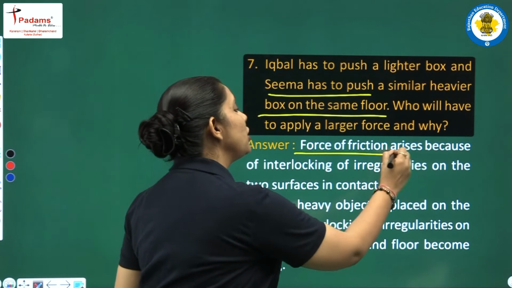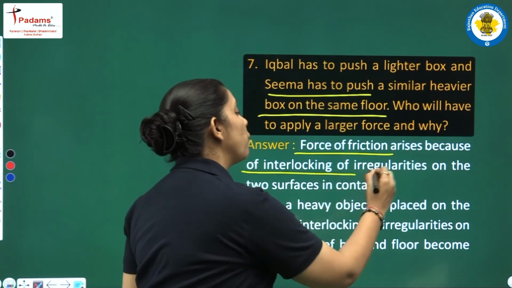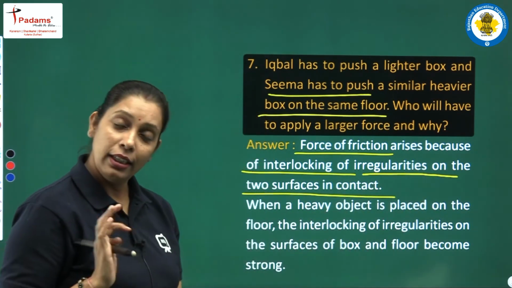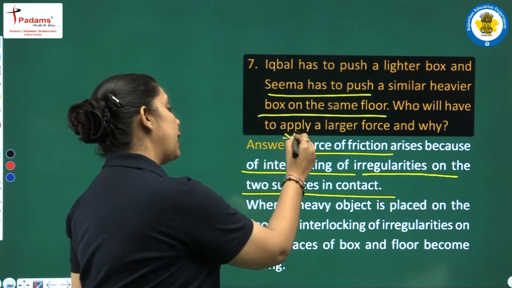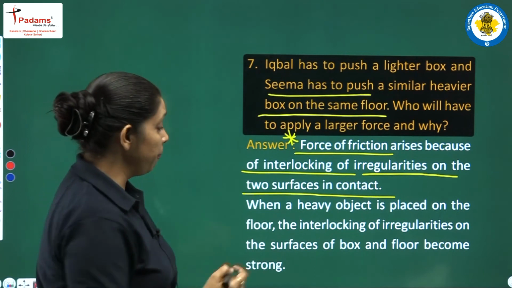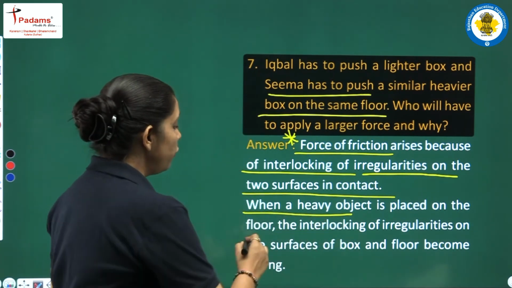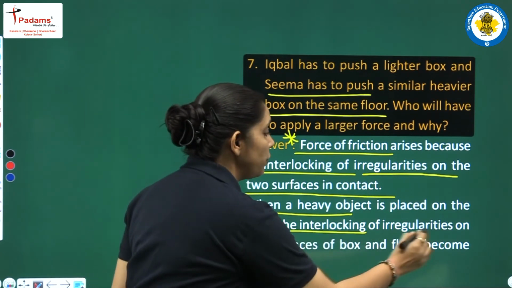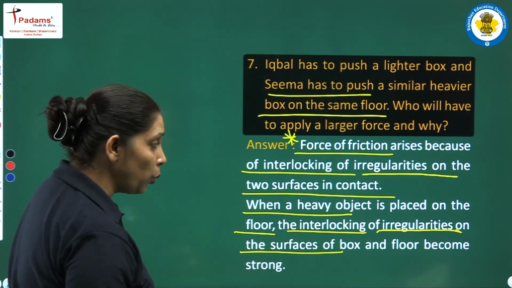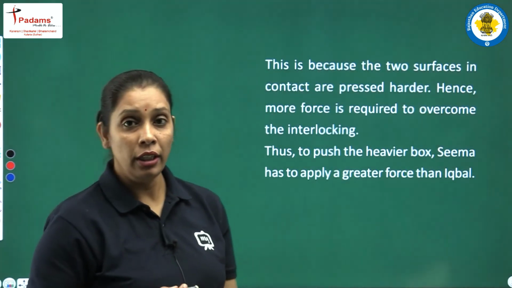The force of friction arises because of interlocking of irregularities on the two surfaces in contact. This is the important line जो हमें बार बार पढ़नी है, बार बार लिखनी है, ठीक है. When a heavy object is placed on the floor, the interlocking of the irregularities on the surface of the box and floor becomes strong. क्योंकि वजन ज़्यादा है, heavy है, ठीक है.